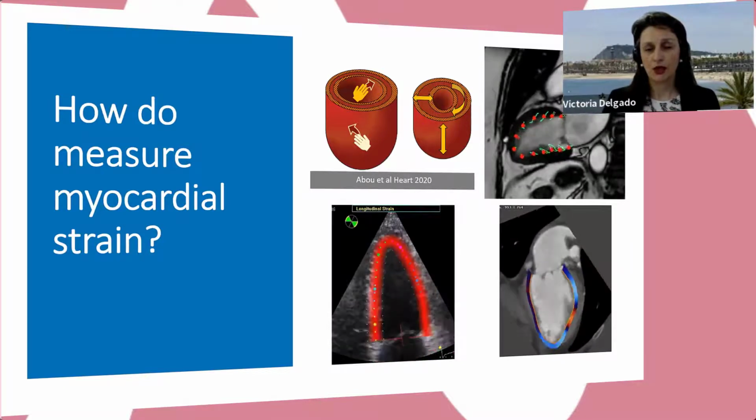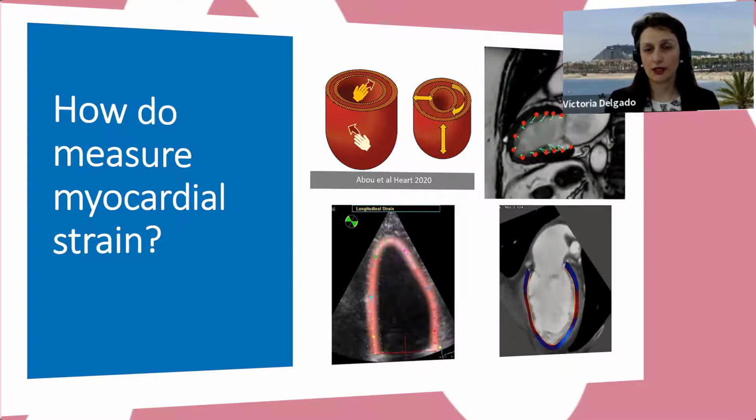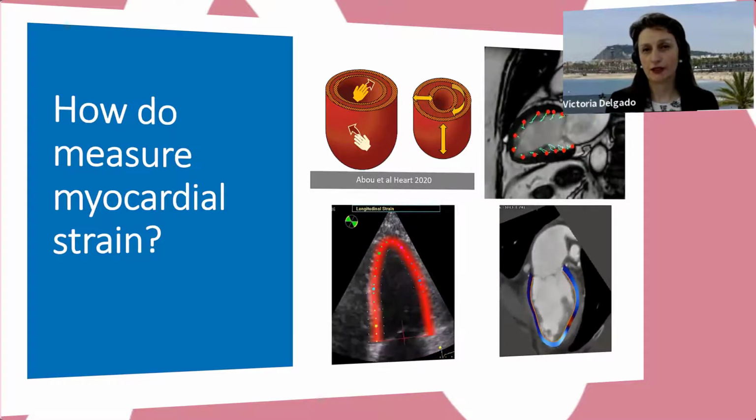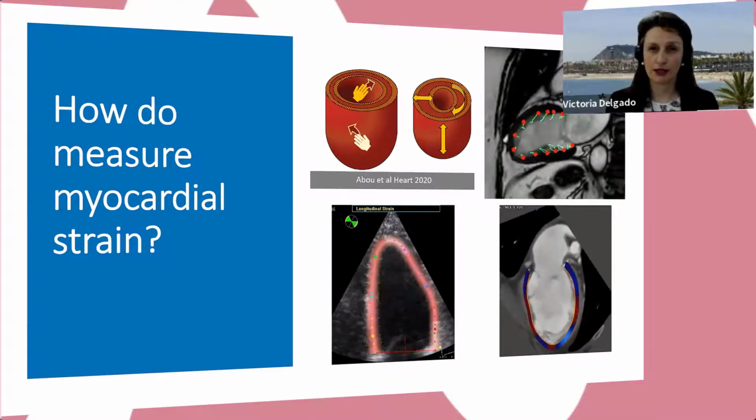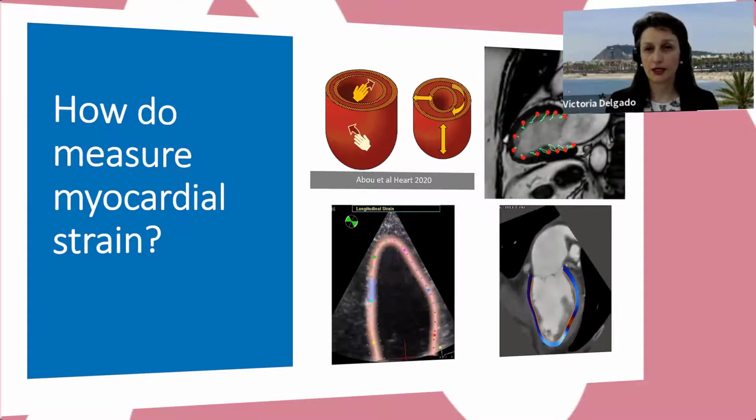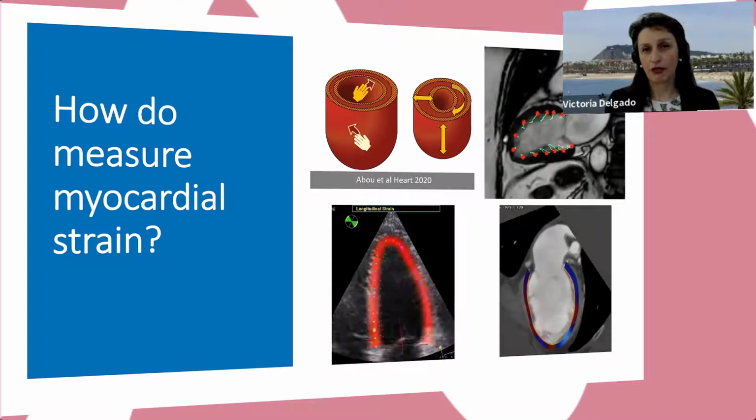We will understand that the myocardium shortens in the longitudinal direction, shortens as well in the circumferential direction, and from both shortenings in the left-handed and the right-handed oriented helix, we will have a thickening in the radial direction.